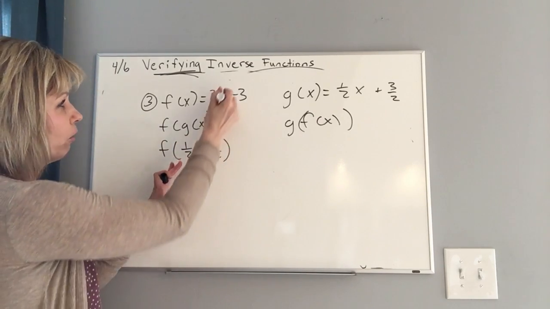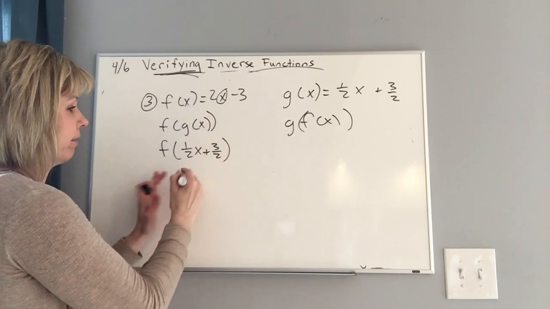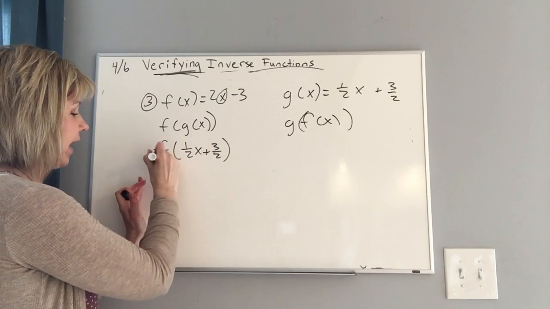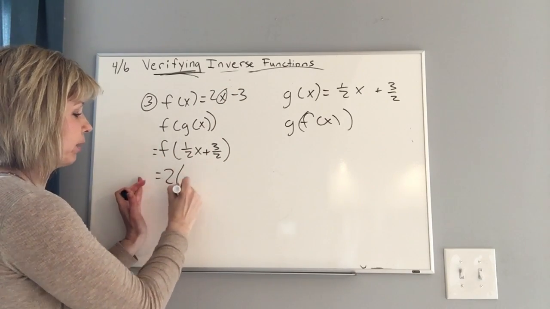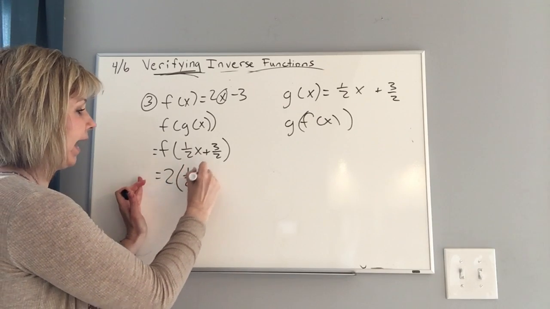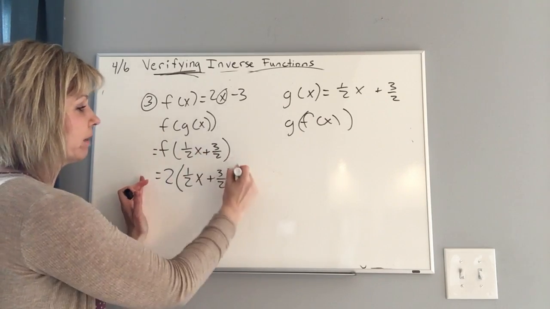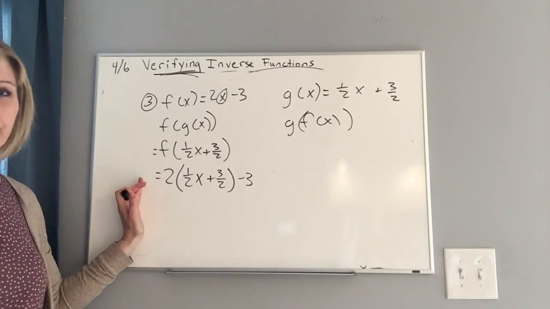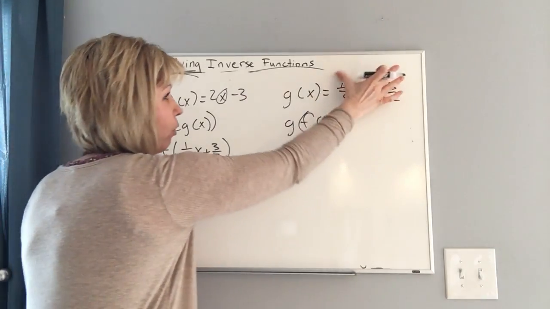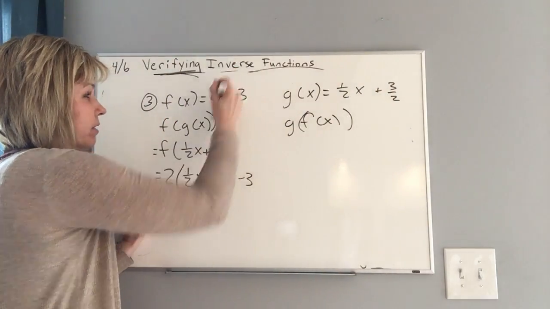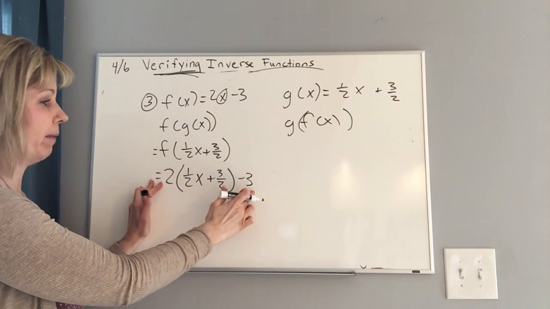So we're putting that whole thing in for this x right here. So what's still on the outside is 2 parentheses 1/2 x plus 3/2, and then we still have a minus 3 on the outside. So you're putting this whole thing in for just this x. We still have a 2 on the outside, we still have a minus 3.